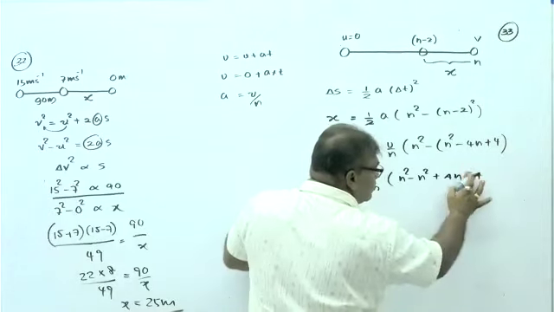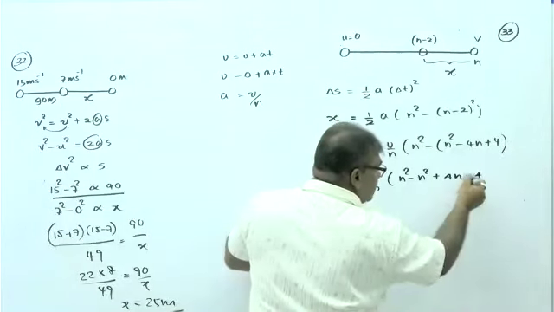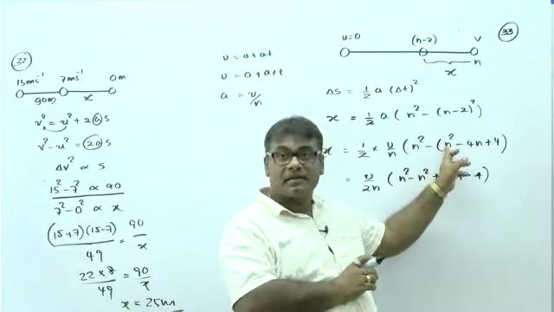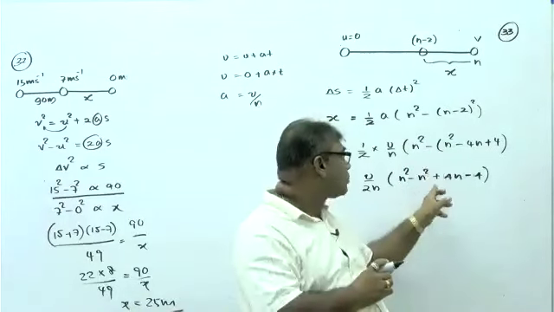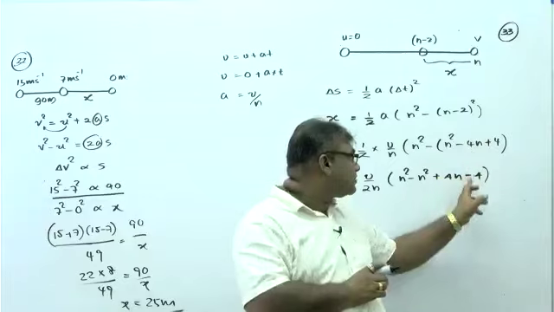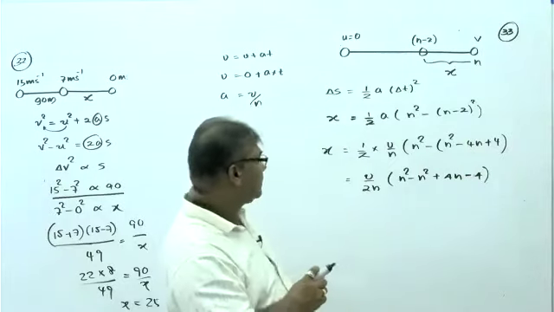Should be plus 4. Done. Multiply by the minus into the bracket: it becomes minus n squared, minus minus plus 4n, minus plus minus 4.